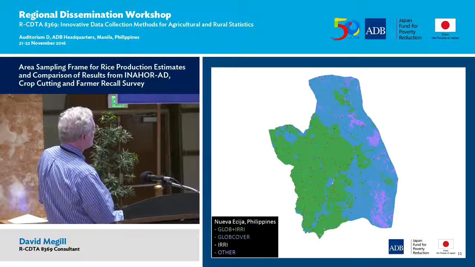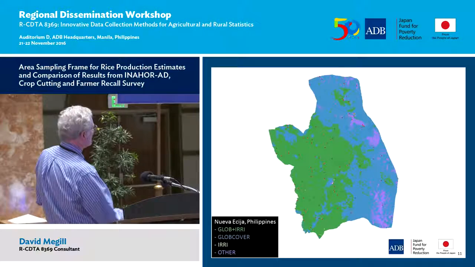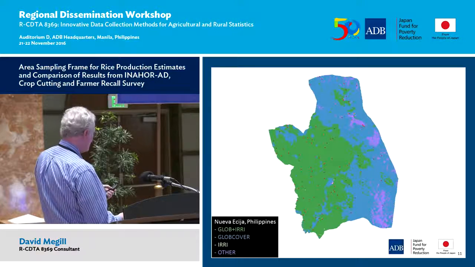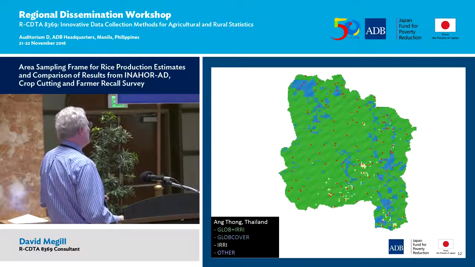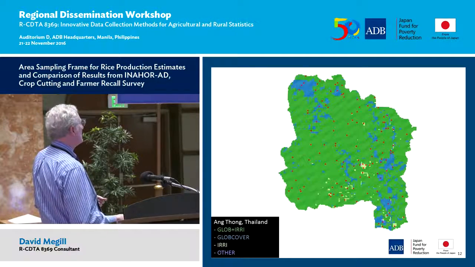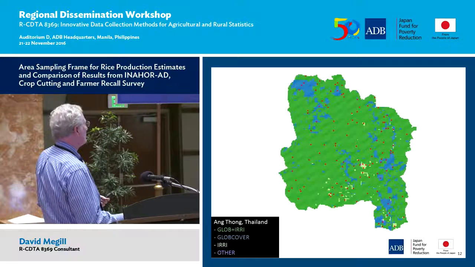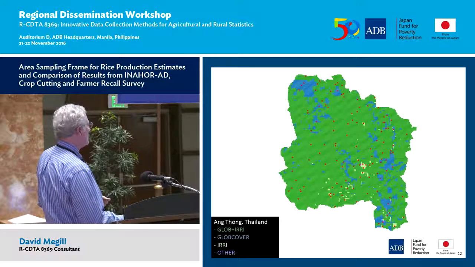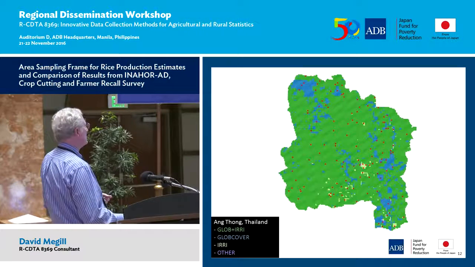Remember, the GlobCover actually covers both the blue and green, since this was an overlap. That's Nueva Ecija, okay. And here's Ang Thong, Thailand. And you can see that most of it is GlobCover-IRRI with some pockets of GlobCover, small pockets of IRRI.